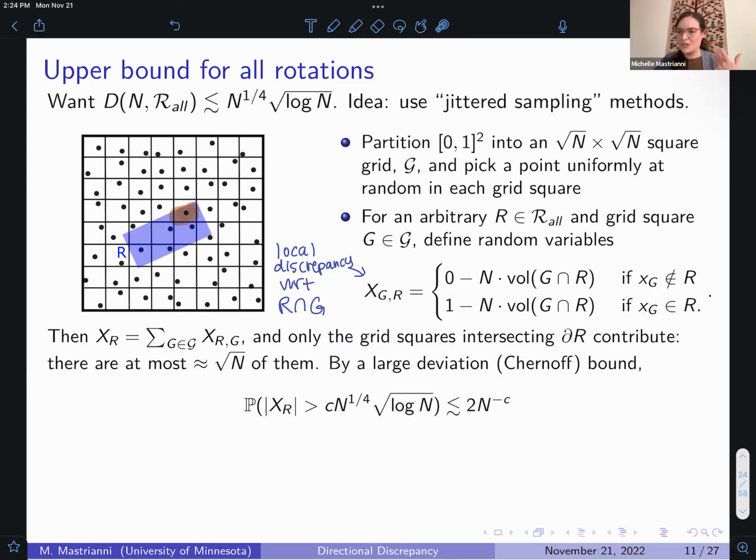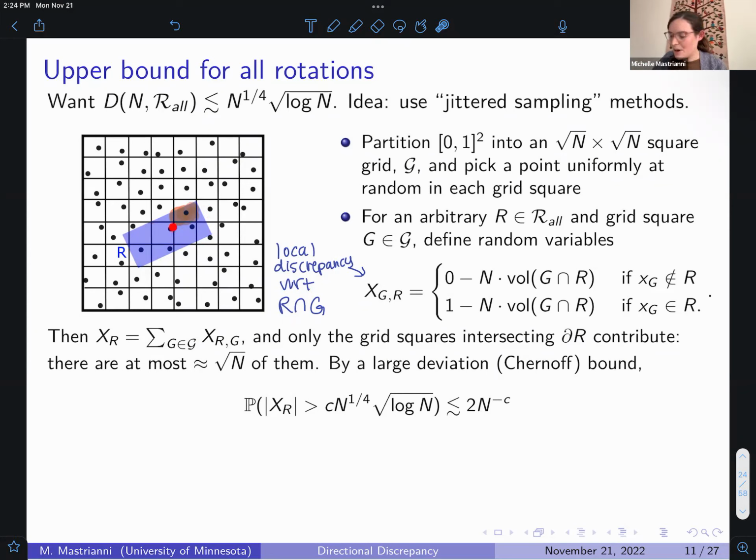So then if you're interested in the local discrepancy of the whole rectangle R, that is going to be a sum of these discrepancies when you intersect with each grid square. And the idea is that only the grid squares intersecting the boundary of the rectangle contribute to the discrepancy.